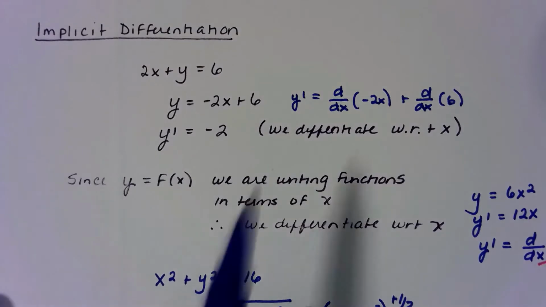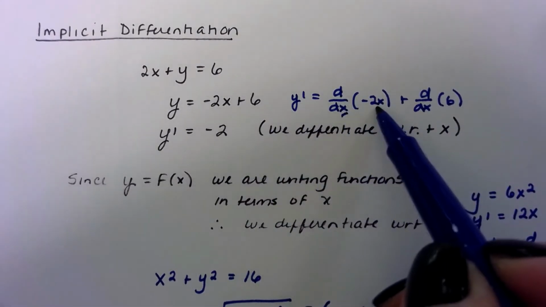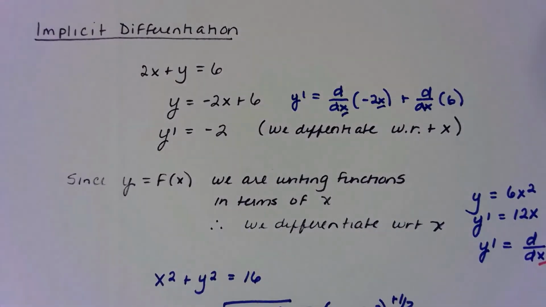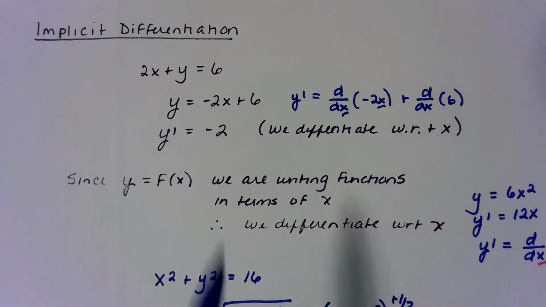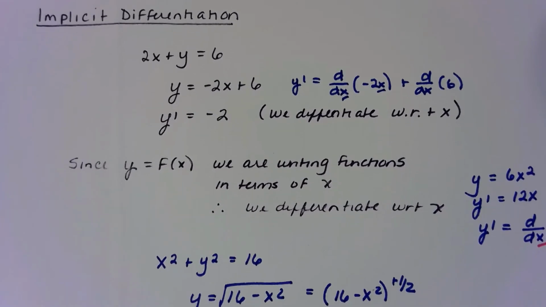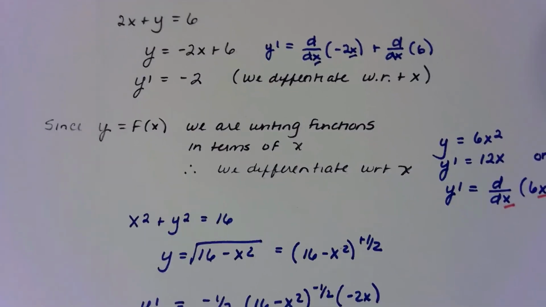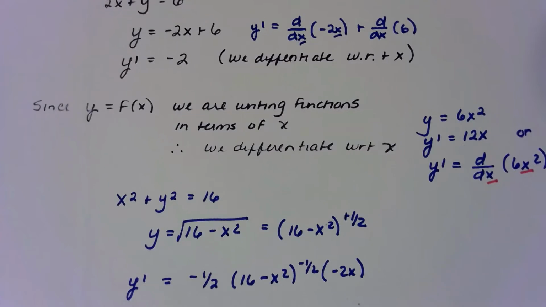And this x matches this x, so when we take the derivative we find that it's negative 2, and of course the derivative of 6 is 0, because this is really 6 times x to the 0 power, and x to the 0 power is 1. So anyway, we get a negative 2. So we always write our functions, or so far in your whole mathematical life, you've been writing functions in terms of x, and we differentiate with respect to x.